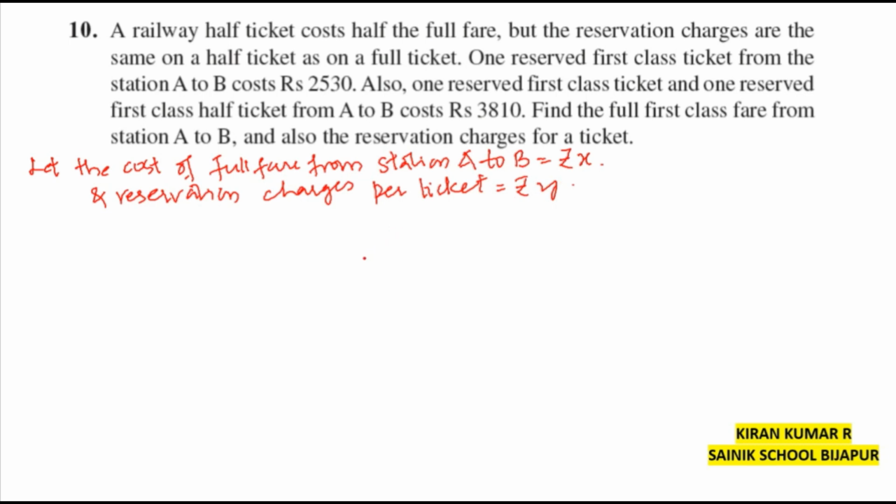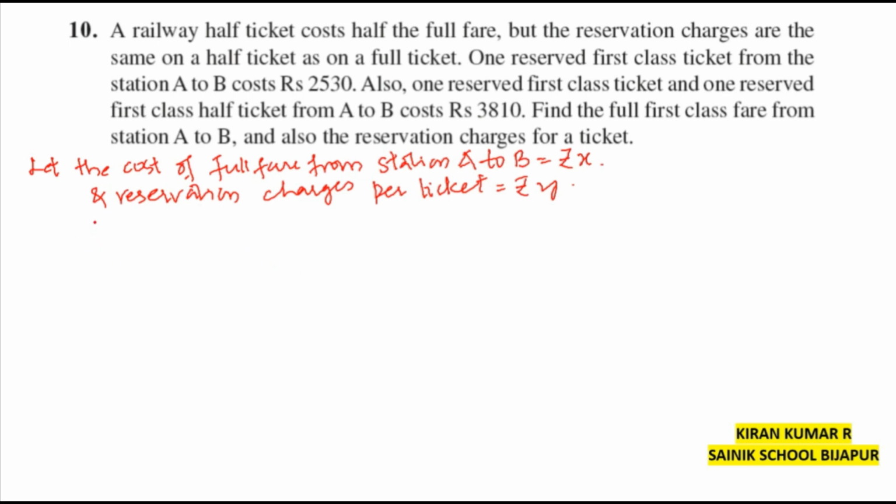And it is given that cost of one full ticket from A to B is rupees 2530. That is one fare for full ticket plus reservation charges.